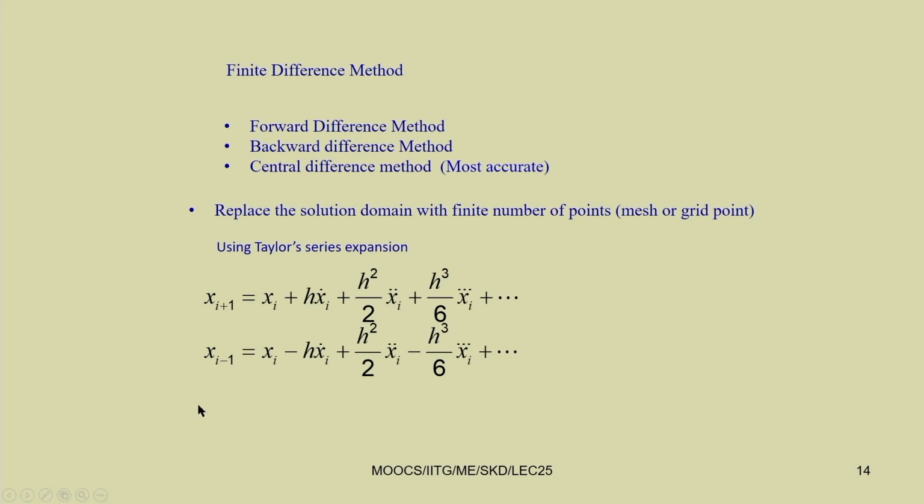Similarly, the previous point can be written, let x I be the central point. So, x I plus 1 will be the forward point, and x I minus 1 will be the backward point. So, this equals x I minus h x I dot plus h square by 2 x I double dot minus h cube by 6 x I triple dot. This way one can expand using the Taylor series.